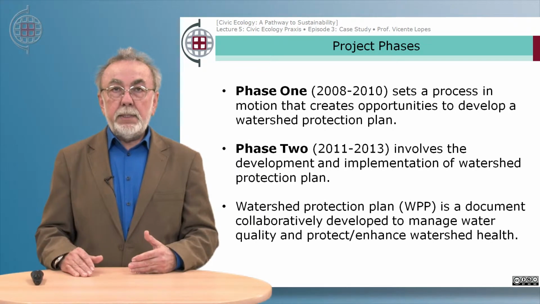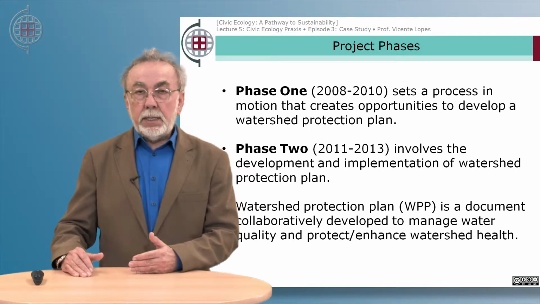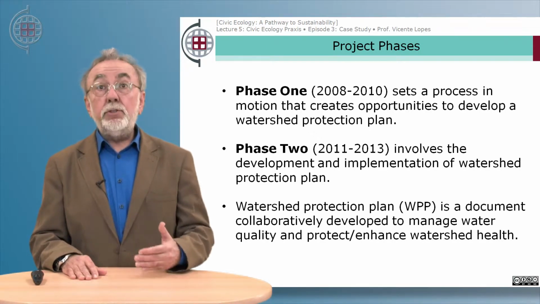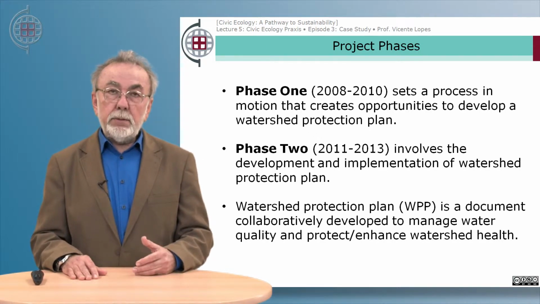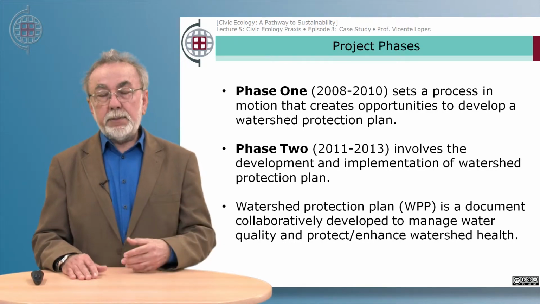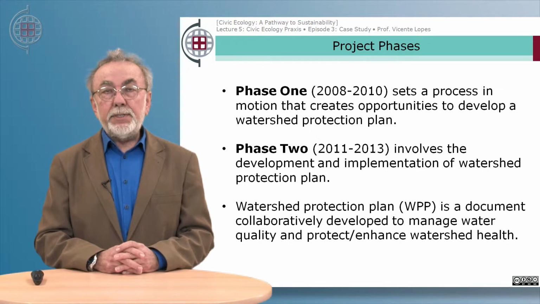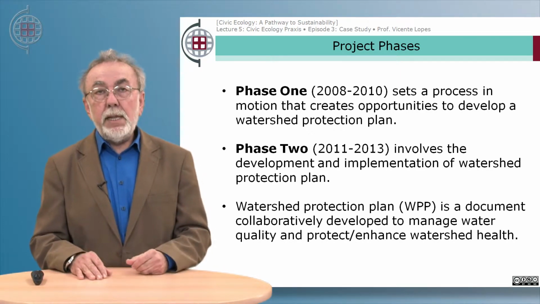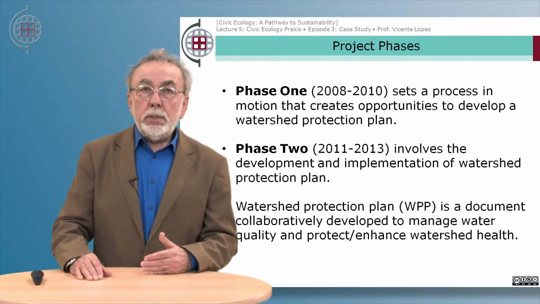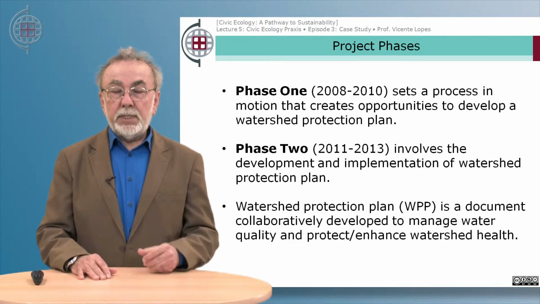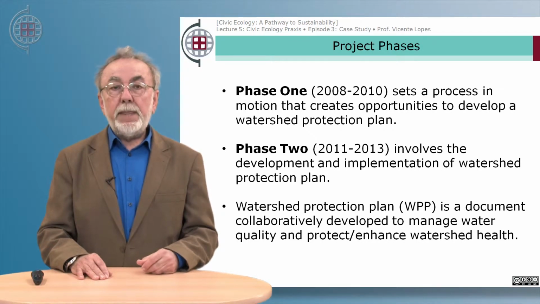With this in mind, we developed our civic ecology project, which was conceptualized in two phases. Phase one, which ran from 2008 to 2010, and I will, in this brief presentation, present essentially the conclusions from phase one. And then phase two, which is now in its last year, is from 2011 to 2013.